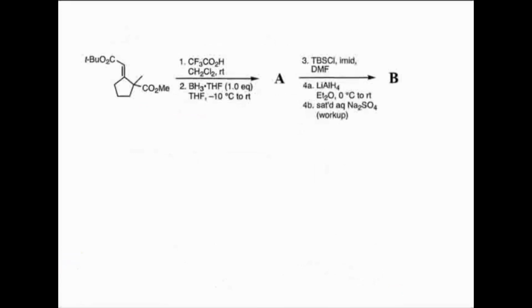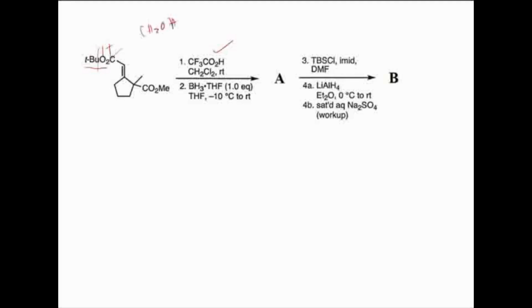Here we are having 2 esters: COO-tertiary butyl and COOMe. When you use trifluoroacetic acid, the tertiary butyl group is selectively cleaved, revealing your carboxylic acid, COOH, over here. Then when you use borane, that COOH will be converted to CH2OH.